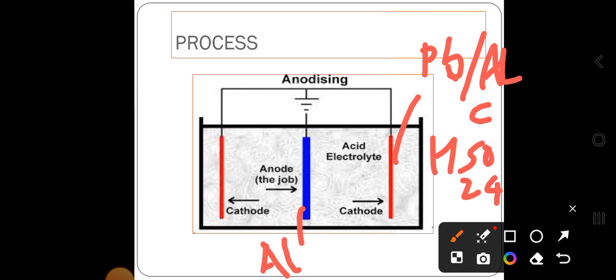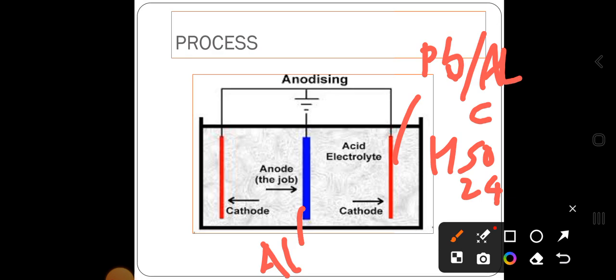So if there are any metals more reactive than aluminum, suppose you take magnesium or sodium, then obviously anodizing will not happen, because sodium is more reactive than magnesium. So that's why a non-reactive metal like aluminum or lead or graphite has to be used for the cathode. So the red lines are the cathode and the blue line is the anode.